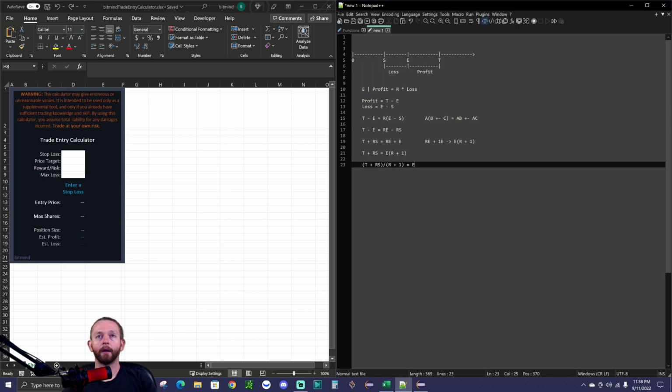If you have something that is crazy, like a 10 to 1 reward to risk ratio, what you might end up with is an entry price that's so close to your stop price that you end up rounding to your stop price. So your entry price will be equal to your stop price. And in that case, if you were to actually enter a trade like that, then you would immediately get stopped out.